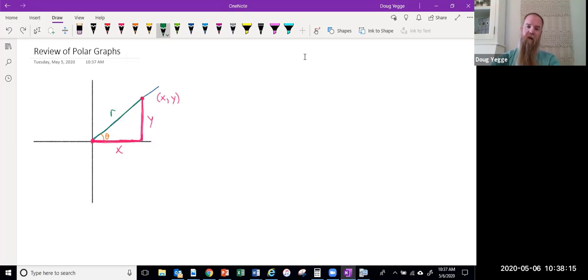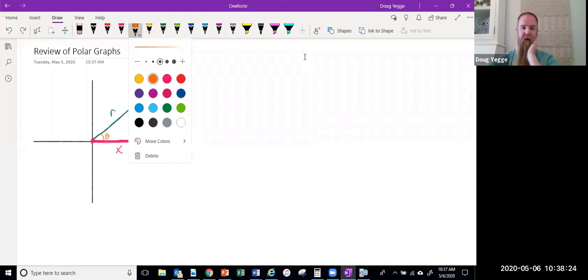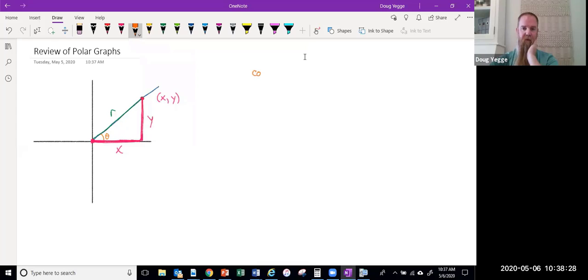If we look at this in terms of trigonometry, we can recognize that there's a couple of relationships here. Cosine of theta is the adjacent side over the hypotenuse. Likewise, sine of theta is equal to the opposite side over the hypotenuse.